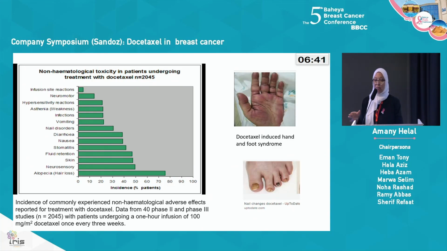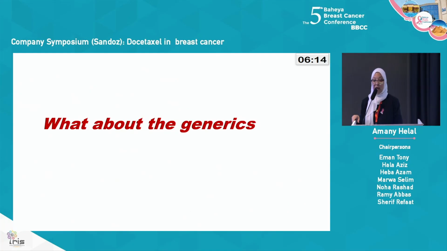The most important is the hypersensitivity reactions and the fluid retention side effects, and these can be prevented by careful pre-medication with steroids. Usually adding these steroids can prevent up to 30% of the fluid retention complication. Also the skin complications, nail complications, we all know about the side effects of docetaxel.